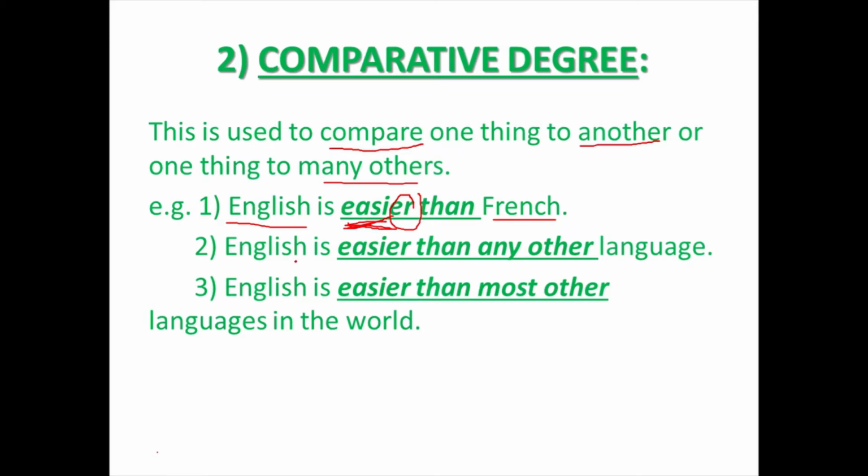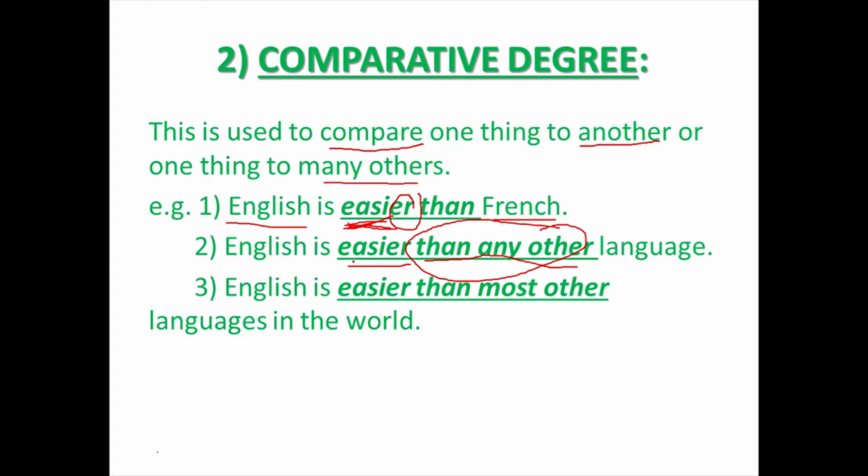Next, the second type of comparative degree sentence: English is easier than any other language. You will recognize that the sentence is comparative by seeing the words "than any other".